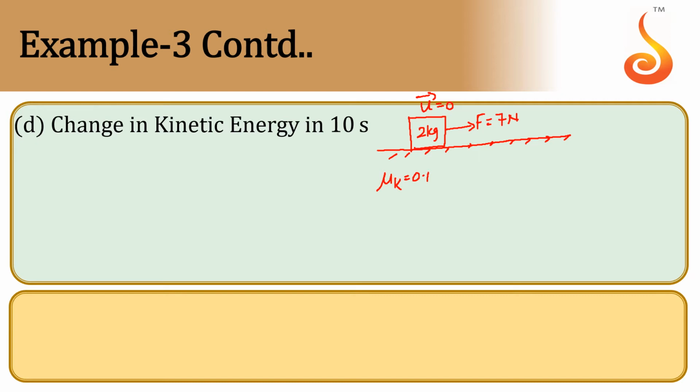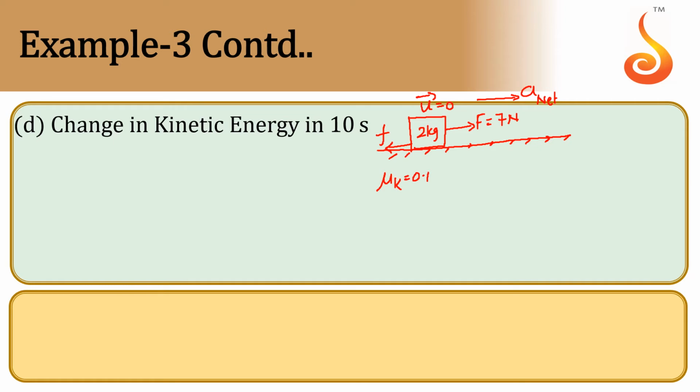So the body starts moving towards the right, therefore friction will act in the backward direction. If the applied force is greater than the frictional force, the body starts to move in the forward direction with an acceleration a. This will be the net acceleration.